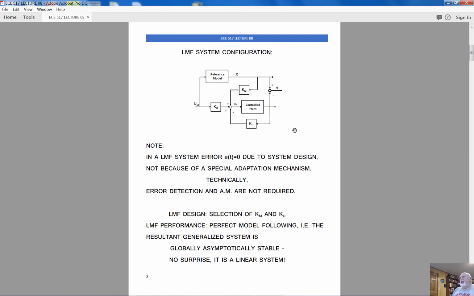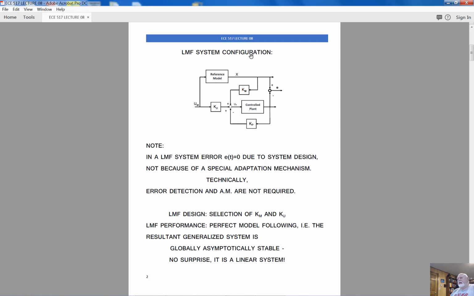And of course, this application seems to be very well justified for training purposes, one way or another. The matrix Km, matrix Ku, and matrix Kp could be designed only if we know properties of the controlled plant.